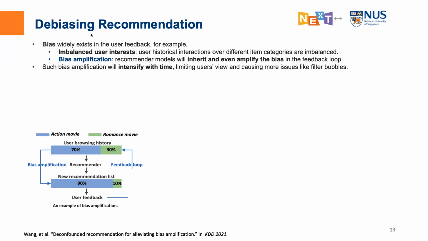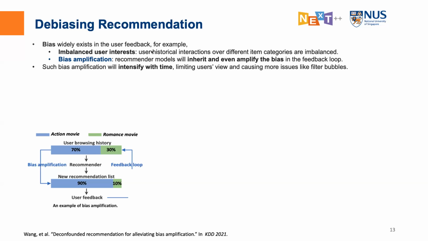For each user, when we look at their historical data, we can find that it's imbalanced with respect to item categories. They like some majority categories, in this case action movies, and the proportion of romance movies is small.